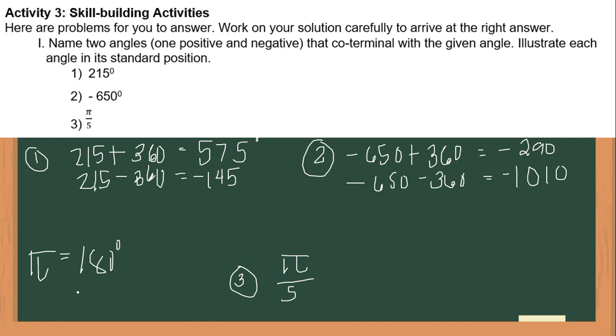One rotation is 2 pi, and 2 pi is equivalent to 360 degrees. So to get the positive one, you just take pi all over 5 plus 2 pi.